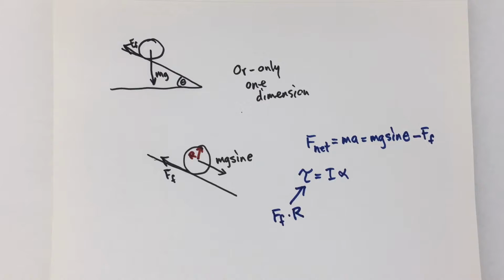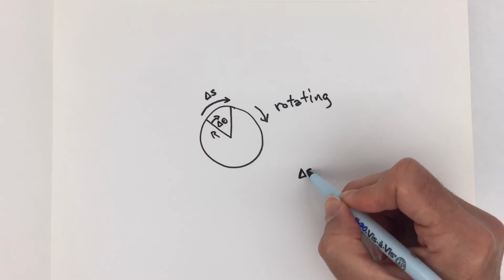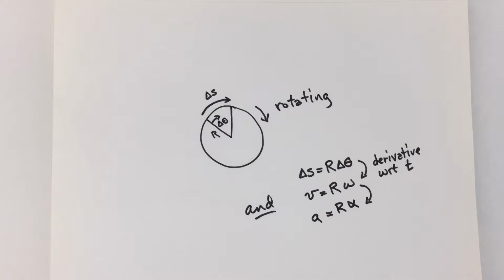Just to remind you, the displacement along the surface of a rotating object, this delta S, is proportional to the angular rotation delta theta by the radius of the object, the distance away from the center of rotation.